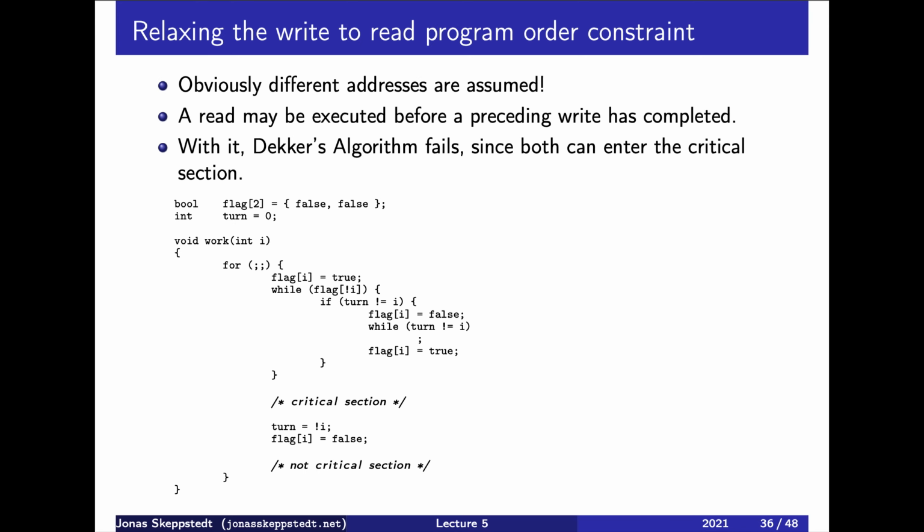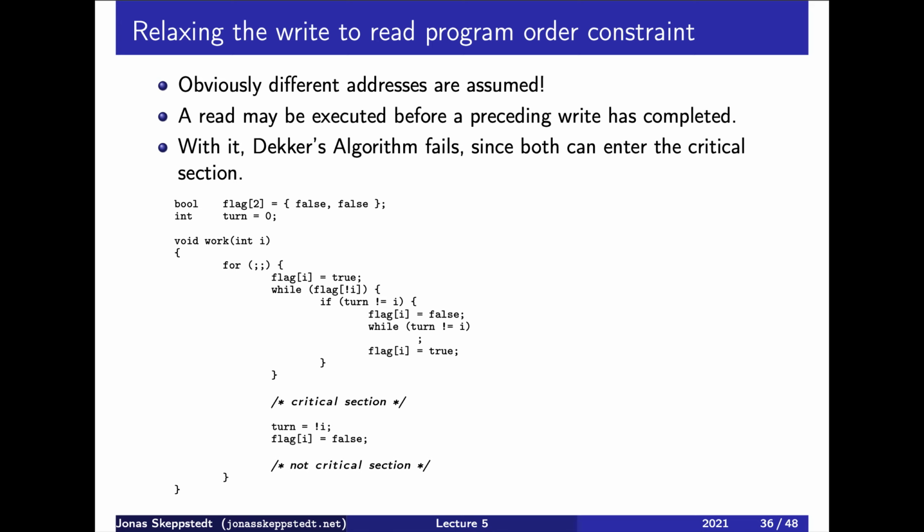Okay, so what will happen if we relax the write to read program order constraint? First of all, this means that we assume different addresses. Otherwise, it would be obviously a wrong program. If we first write x and then read x, the read should clearly use the new value.